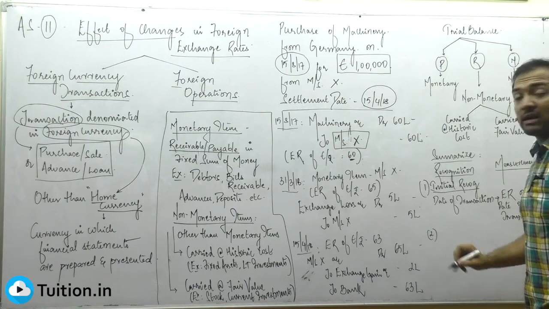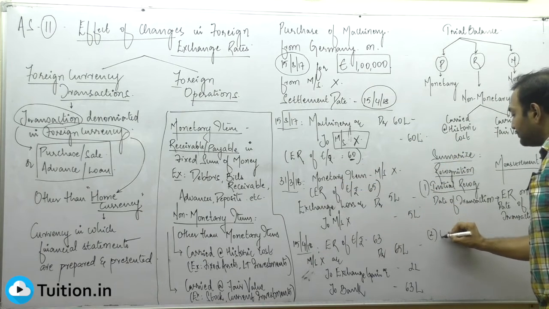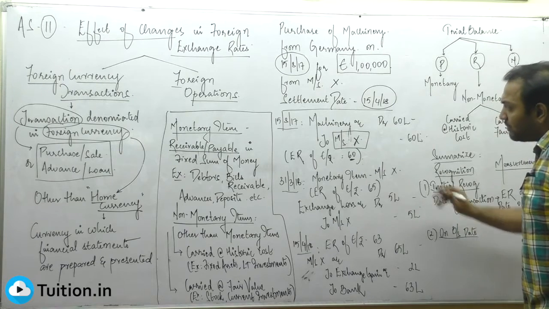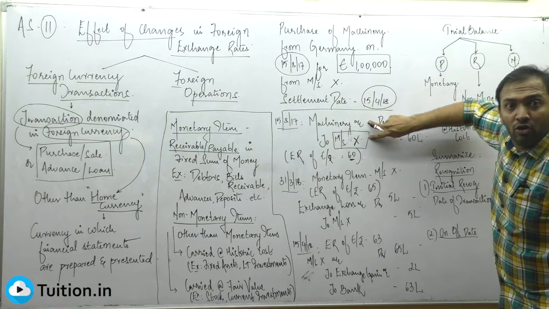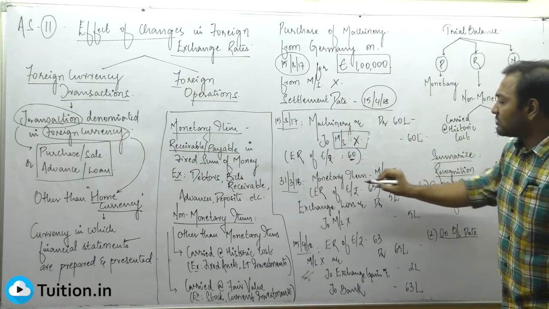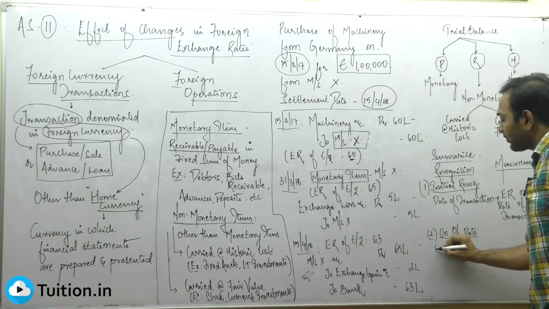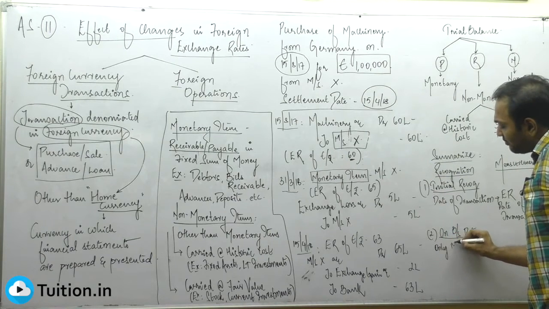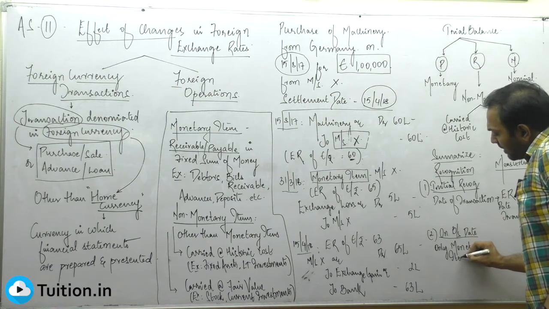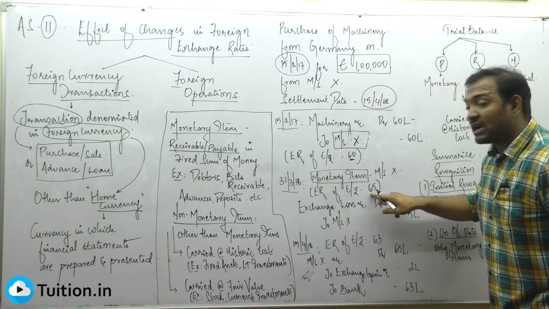Next, when did you do subsequent recognition? After the first entry, when did I record? Balance sheet date. Guys, did I re-record both items on the balance sheet date? No, machinery I did not. I recorded only Mrs. X. Only monetary items should be considered. So on the balance sheet date, only to the extent of monetary items, all my monetary items should be translated using what rate? 65.